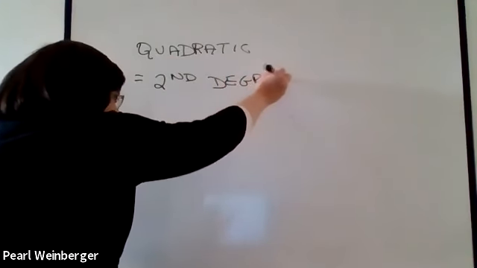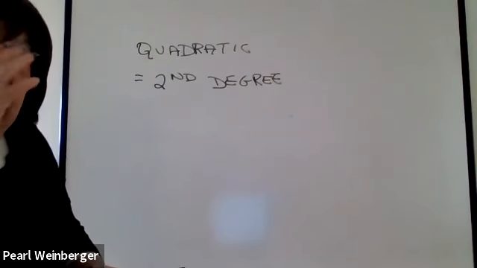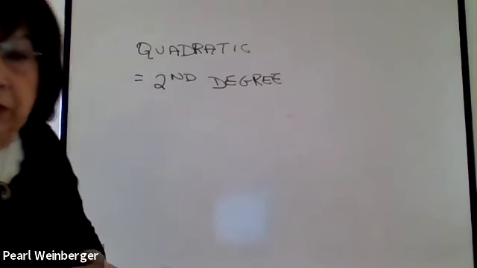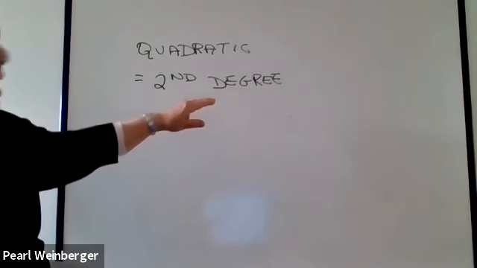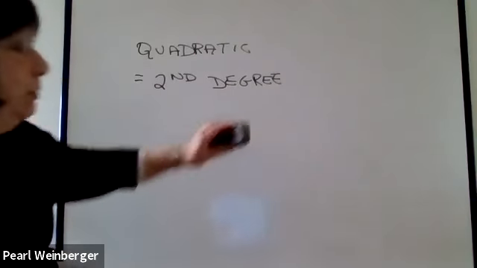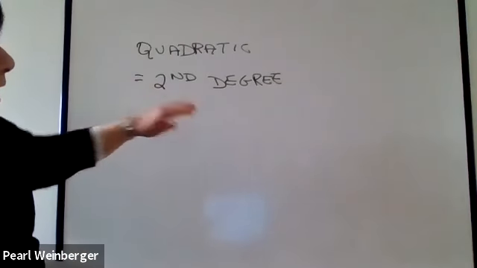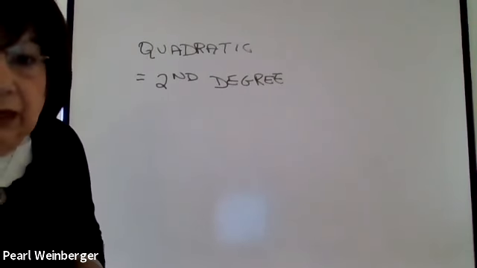In other words, we're now up to solving equations that have an x squared in them, that have an exponent in them. And actually, some of the methods that we're going to use will help us not only do second degree, but let's say third degree or fourth degree equations. We will concentrate on how to solve what we call quadratic equations.